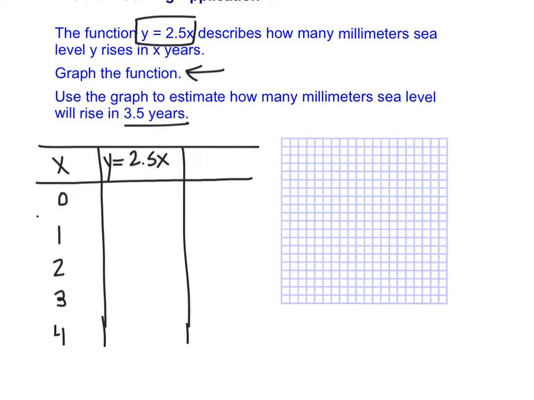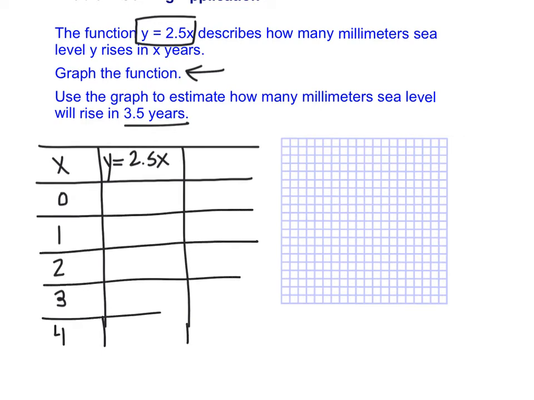All right, so we'll go ahead and make our table. We have our input and our output y values over here. So our input of 0, we're going to do 2.5 times 0, and that is just 0. And we'll talk about putting this on the graph in a second.